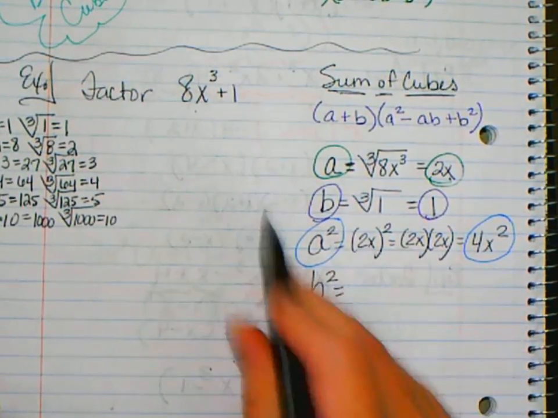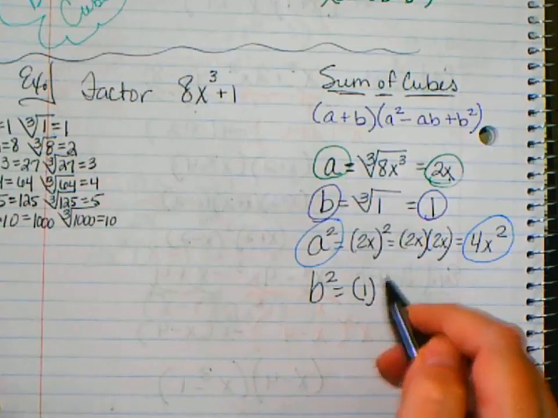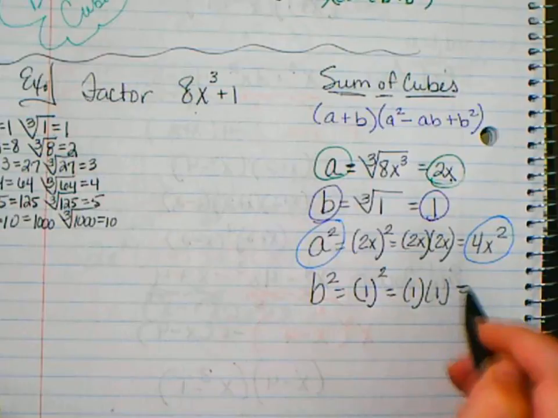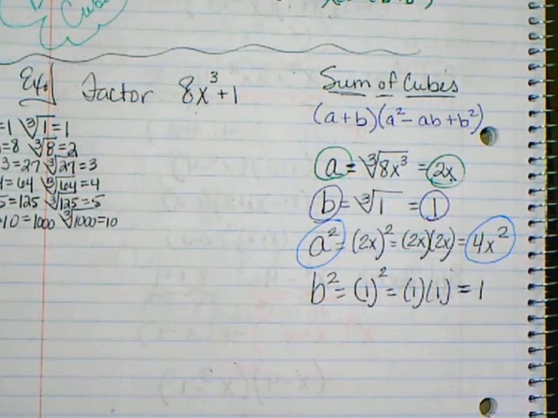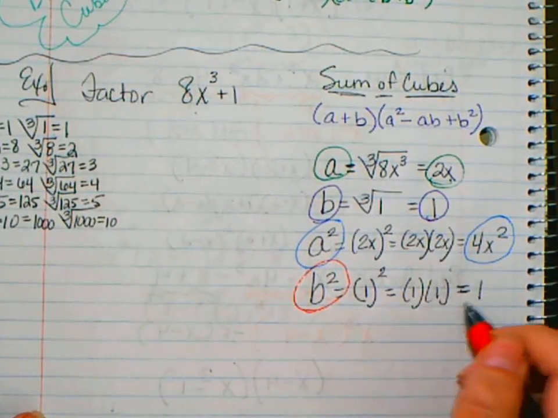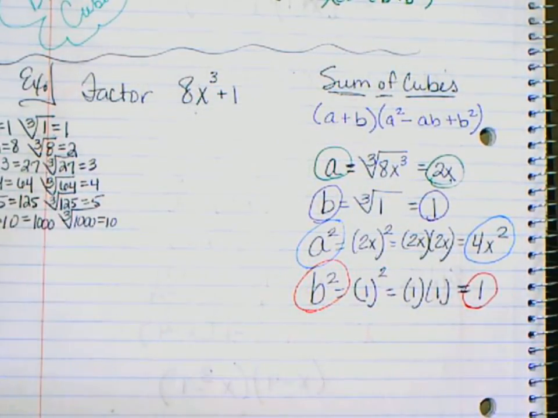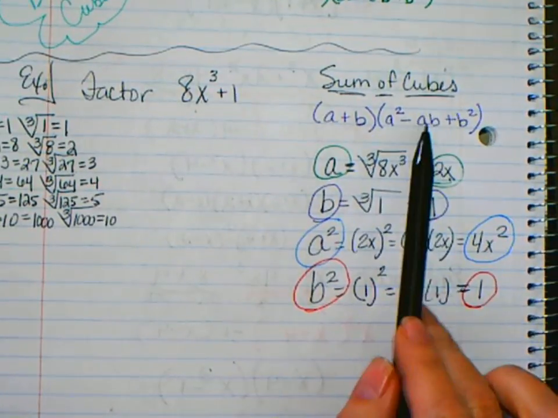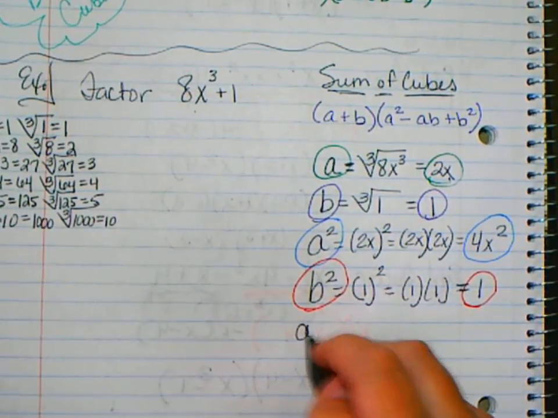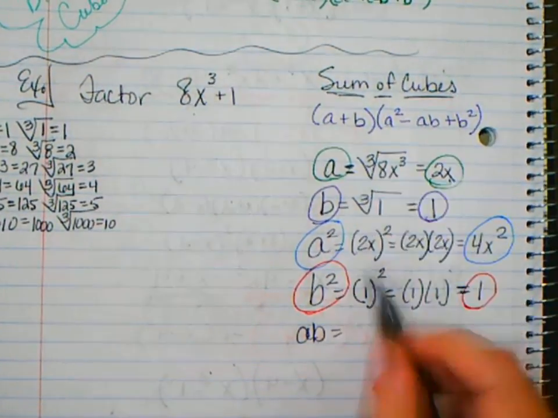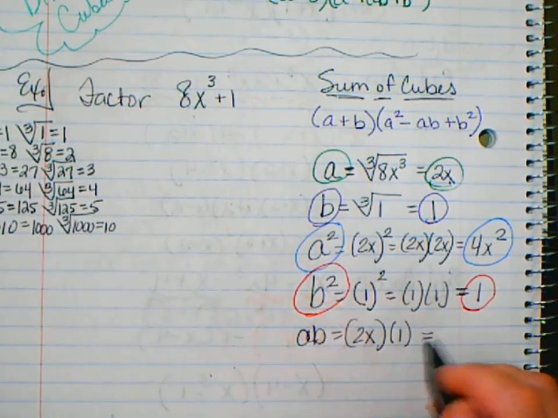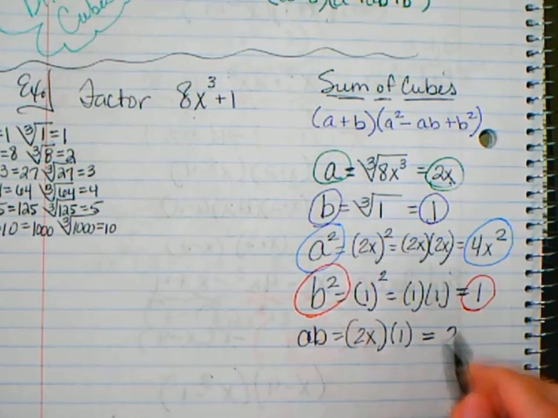B squared, look to see what you have for B, and we're going to square it. So that means 1 times 1 is 1. So wherever I see a B squared, I'll plug in a 1. Alright, another thing you have to plug in is AB, so A times B. So whatever we have for A, which was 2x, times whatever we found for B, which is 1, multiply those together, 2x times 1 is 2x.